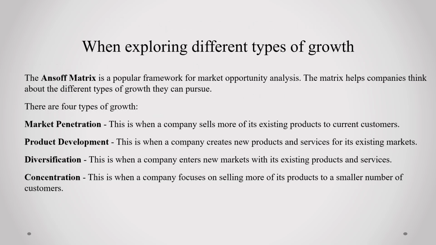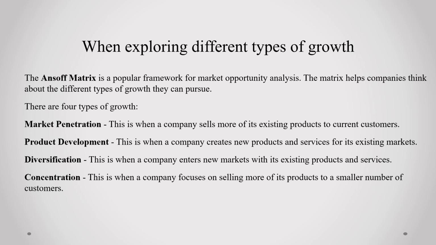When exploring different types of growth, one of the approaches that is used is this concept of 4 types of growth strategies, and one is a market penetration strategy, one's a product development, one's a diversification, and one's a concentration.